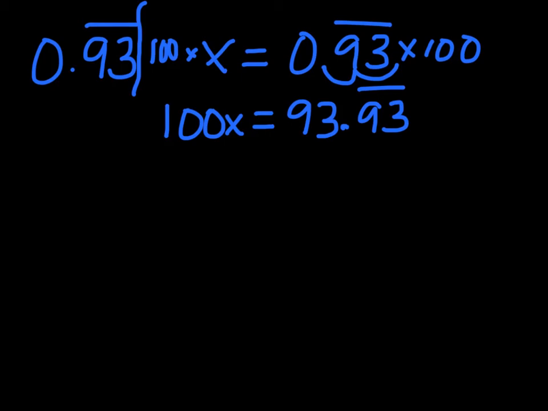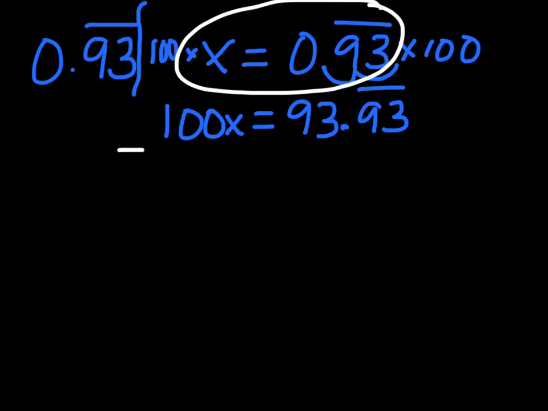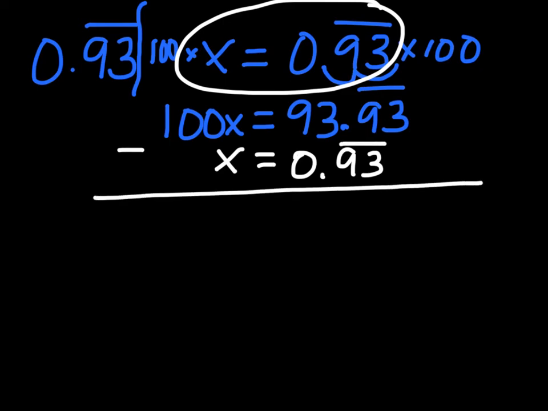Now, we want to simplify by getting rid of that 0.93 repeating. And the way we do that is that we subtract this from our new answer. So now we're going to subtract x equals 0.93 repeating from this equation. And that's going to give us 99x equals 93.